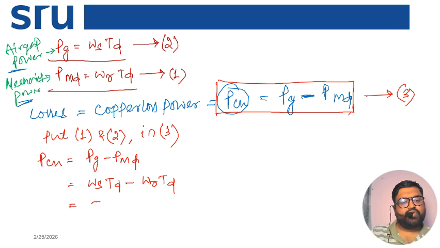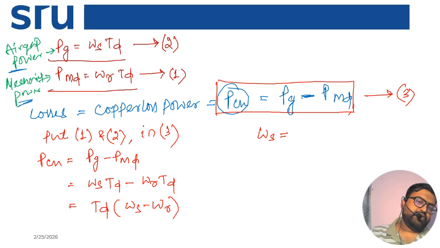If I take TD common, it is omega s minus omega r. We know another form: omega s is the angular speed, so we can write 2 pi ns.